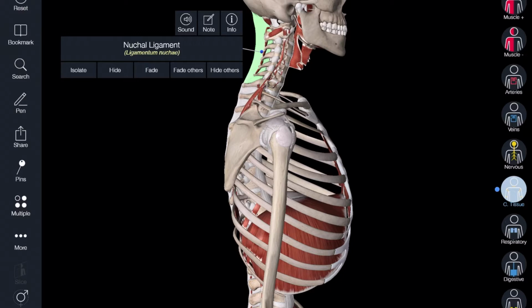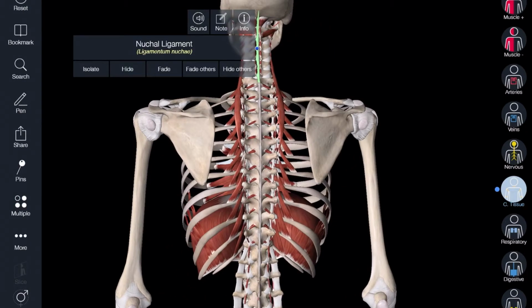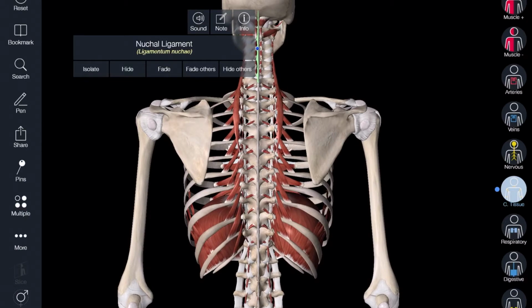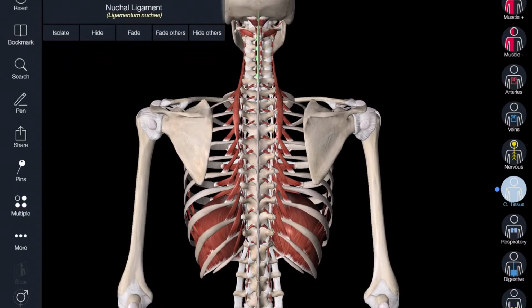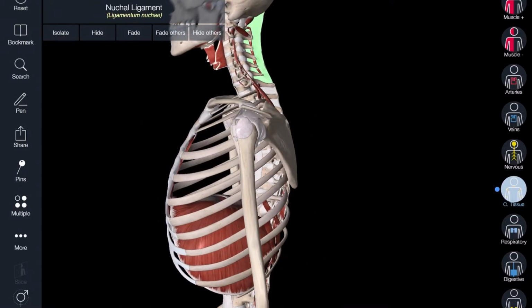And so the nuchal ligament's job is to be sort of this extension of those spinous processes, because there are a lot of muscles that need to attach in the cervical region, and part of what the nuchal ligament is doing is providing more surface area for muscle attachment. And trapezius, being a very superficial muscle, let's see how the ligament disappears if we look at it posteriorly, and then it reappears when we come around and look at it at the side.